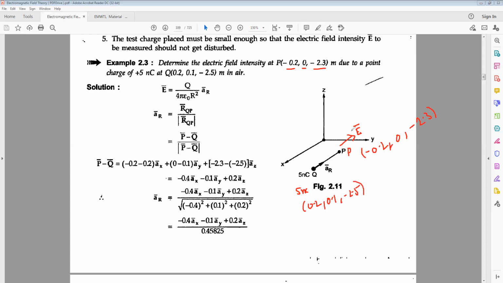First of all, you can find the unit vector AR bar. This is the sending end and this is the receiving end.